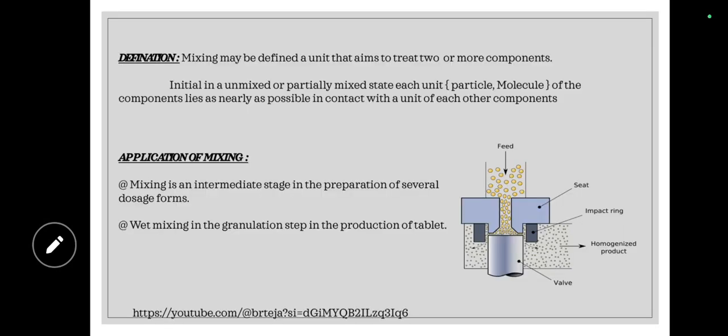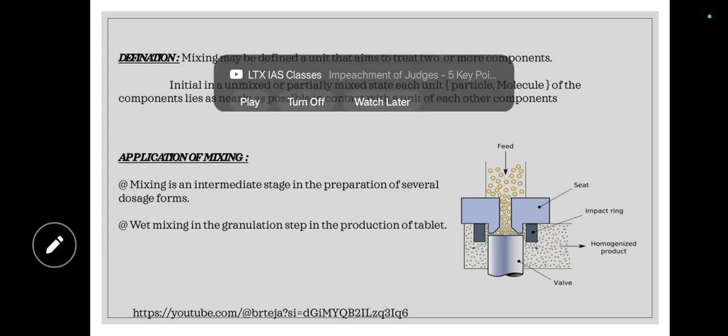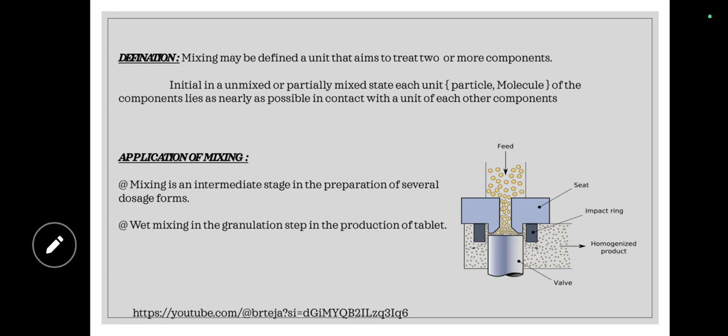What is the meaning of mixing and homogenization? Mixing may be defined as a unit operation that aims to treat two or more components.